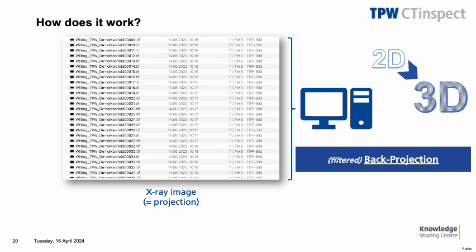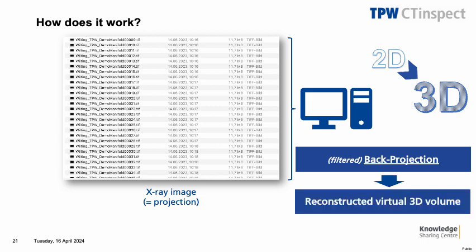I will not go into detail here, but the algorithm does exactly what its name suggests. Based on the X-ray projections, it concludes back on the 3D geometry of the scanned part. The result is then a reconstructed virtual volume model of the scanned sample.